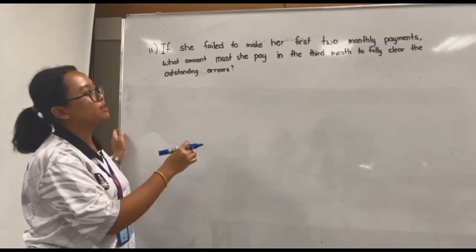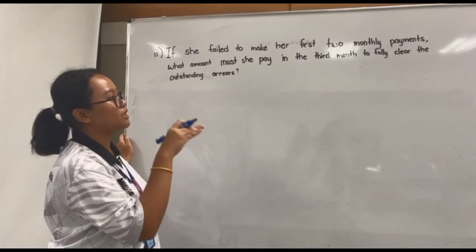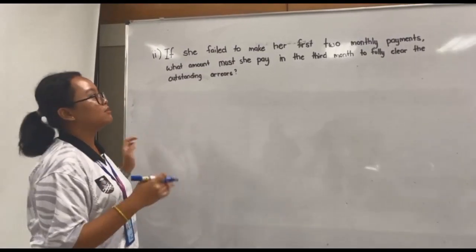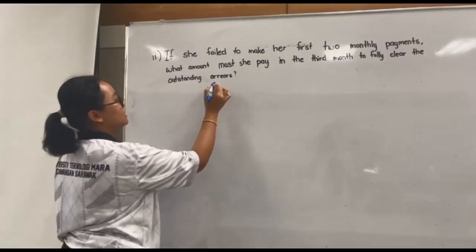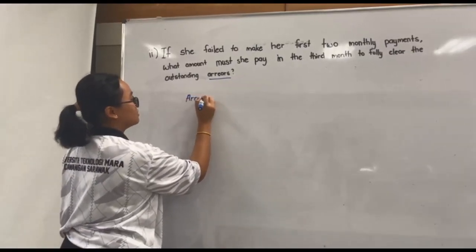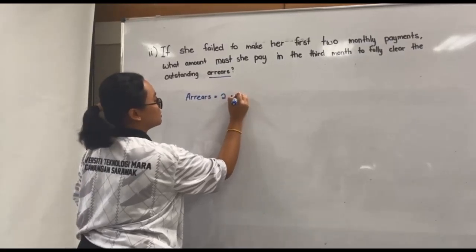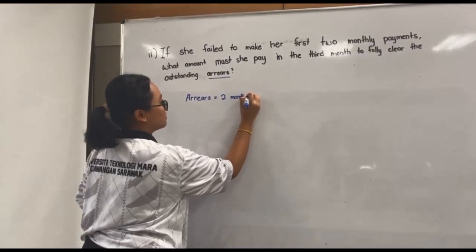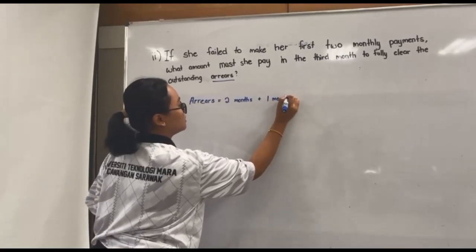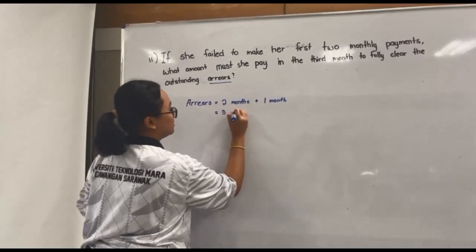If she failed to make her first 2 monthly payments, what amount must she pay in the 3rd month to fully clear the outstanding arrears? So before we find the amount, we must find the arrears. So arrears equals 2 months plus 1 month, equals 3 months.